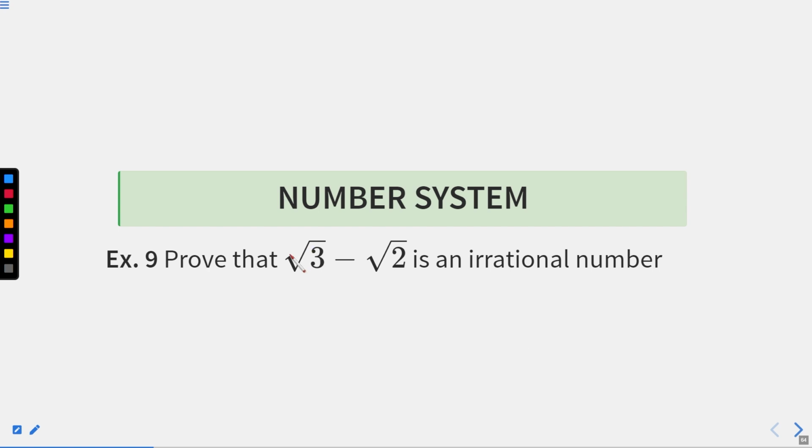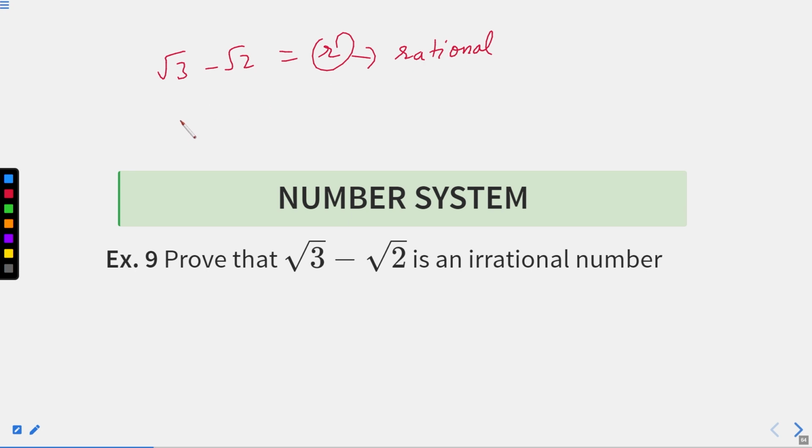Now let's prove that root 3 minus root 2 is an irrational number. Taking it as equal to r, where I am assuming r is a rational number.